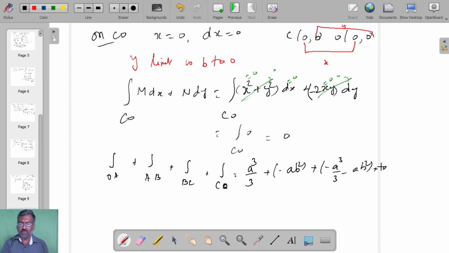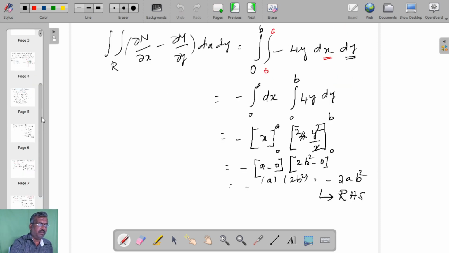So add all four line integrals. Here plus a cube by 3 and minus a cube by 3 cancel. The remaining terms are minus a b square and minus a b square. Adding both, we get minus 2 a b square. Taking this as the LHS, the LHS answer is minus 2 a b square. The RHS answer we already found is also minus 2 a b square.